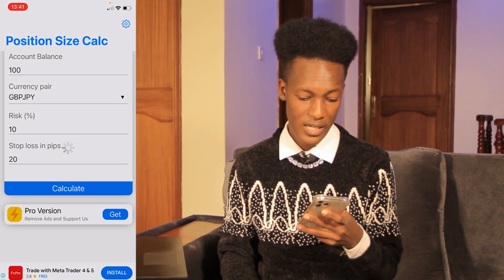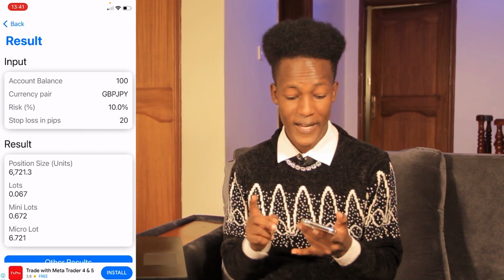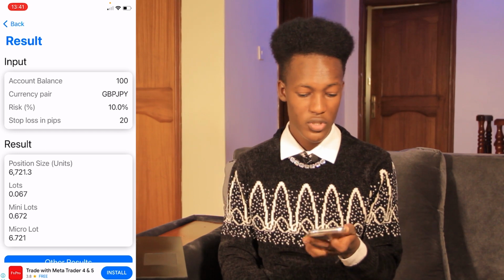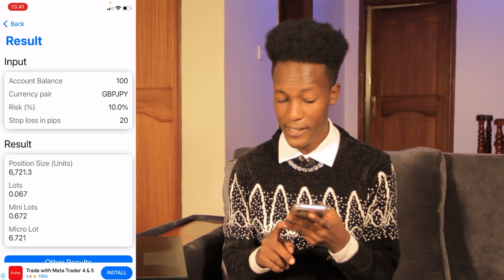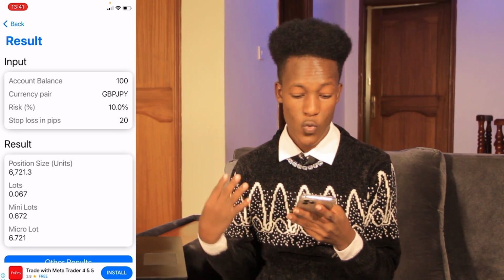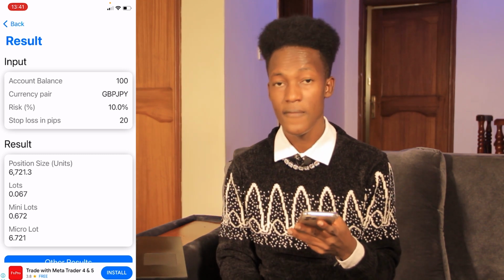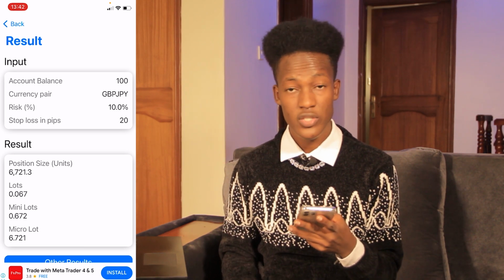On calculating, it gives me all the details I want to use. What's the lot size I'm supposed to use on my $100 account if I'm risking 10%? Press calculate, and boom. Let me screenshot this. We have the account balance of $100, the currency pair GBP JPY, we are risking 10%, and the stop loss is 20 pips.